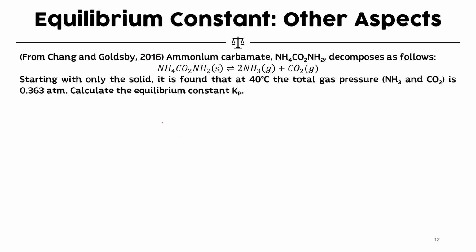Now, starting with only the solid, it is found that at 40 degrees centigrade, the total gas pressure, which includes that of the ammonia gas and the carbon dioxide gas, is 0.363 atmospheres. Calculate the equilibrium constant in terms of partial pressure, which is Kp.